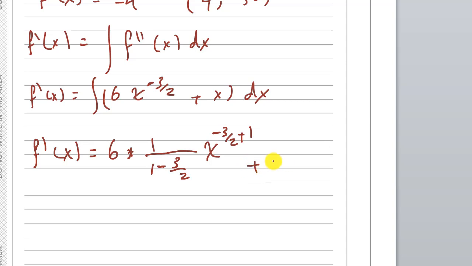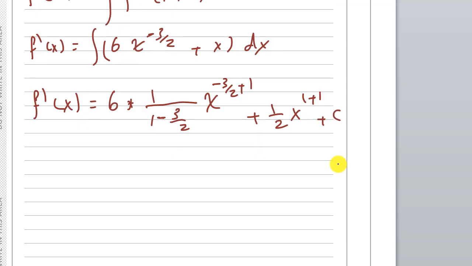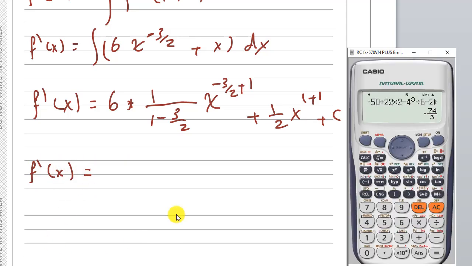Plus half x squared plus c. So f dash of x is equal to, let us find this value, 6 divided by 1 minus half, 1 minus half, 1.5. 1 minus 1.5, so it's equal to minus 12.